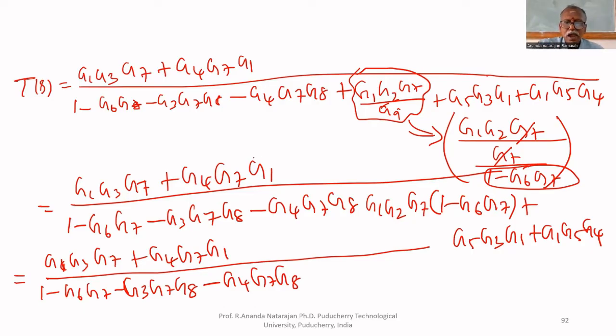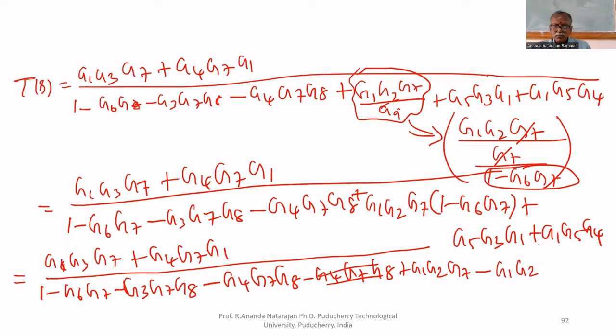Because of this one we multiplied, minus G1, G2.